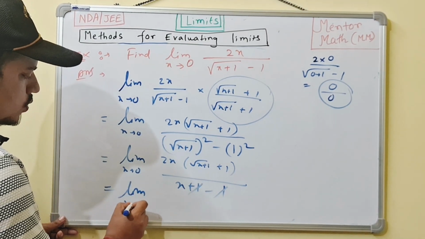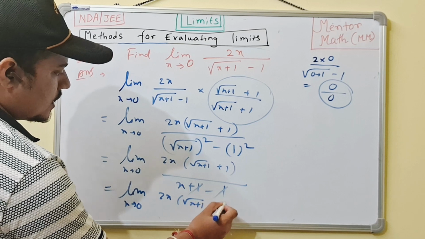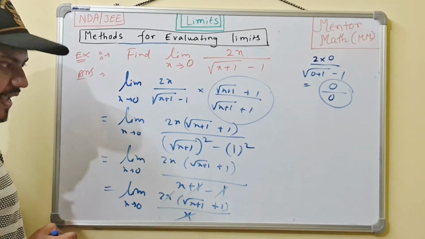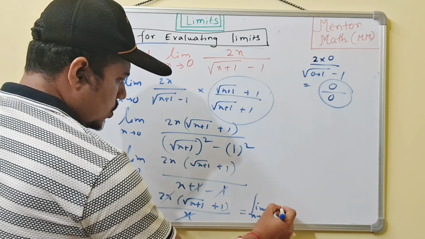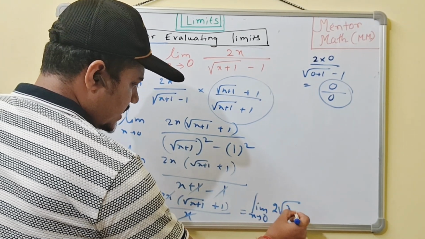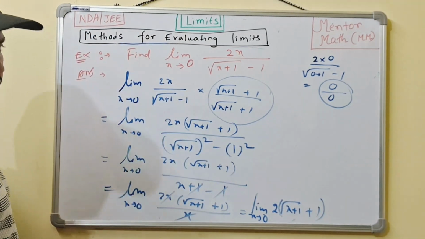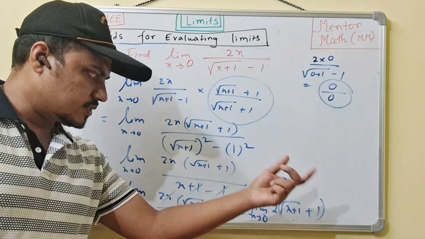Finally you got the value limit x tends to 0 of 2x into (root x plus 1 plus 1) by x. And you can easily cancel x, x. So finally you have limit x tends to 0 of 2 into (root x plus 1 plus 1). Okay, just simplification.